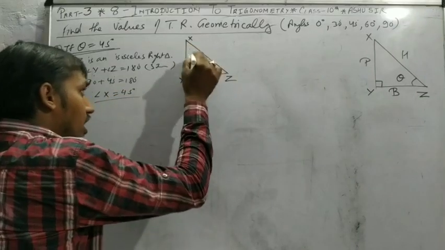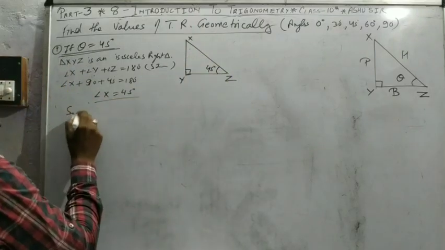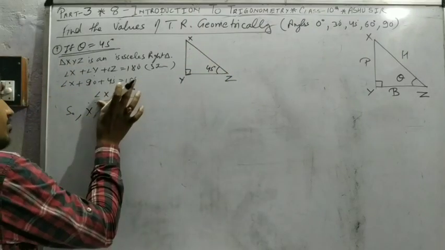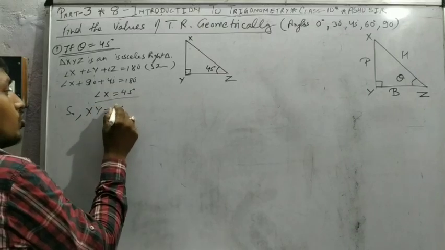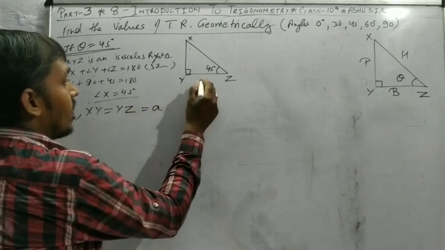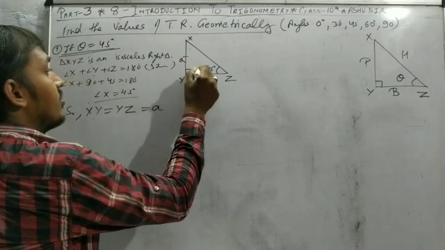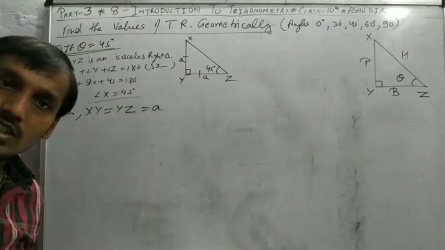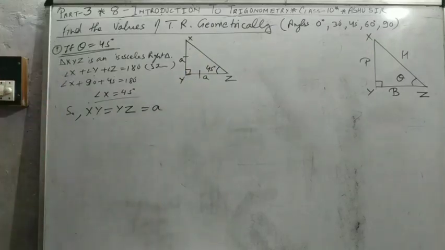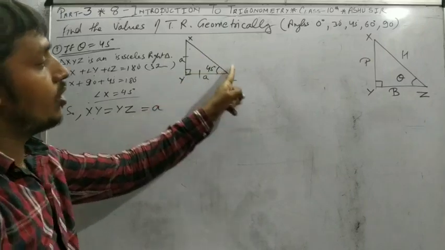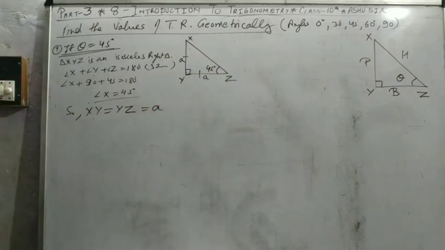If two angles are equal, so XY is equal to YZ. Let's take this as a. This is a. And you can find the value of XZ by using the Pythagoras theorem.